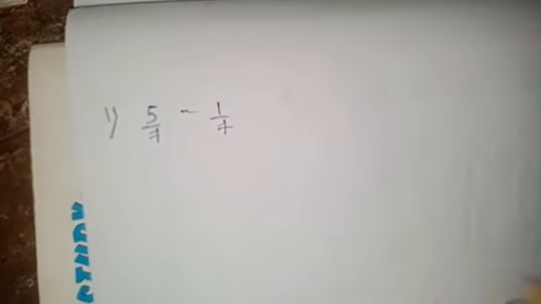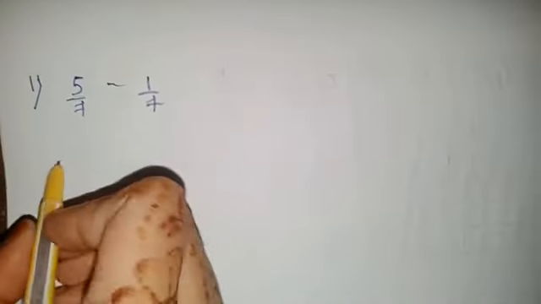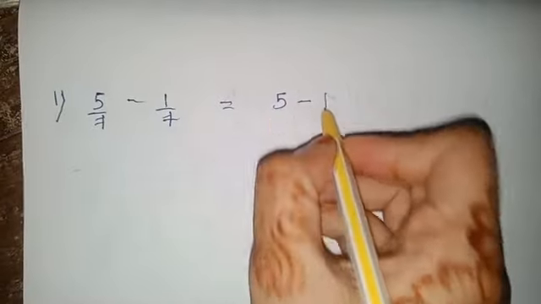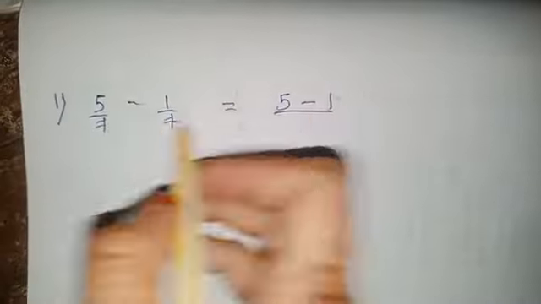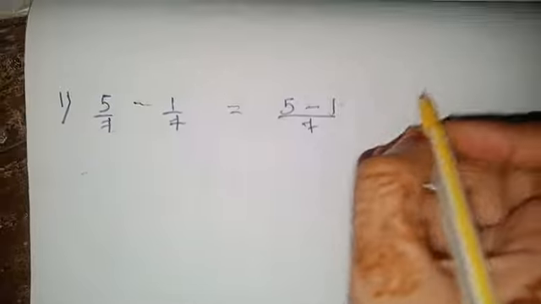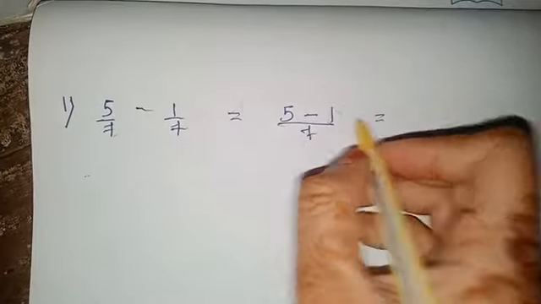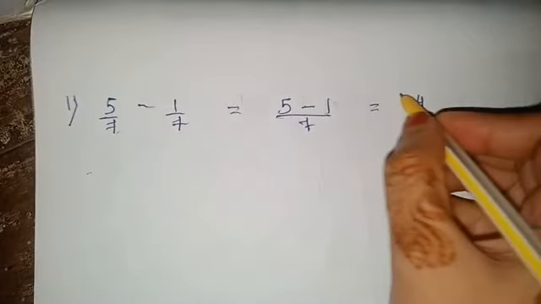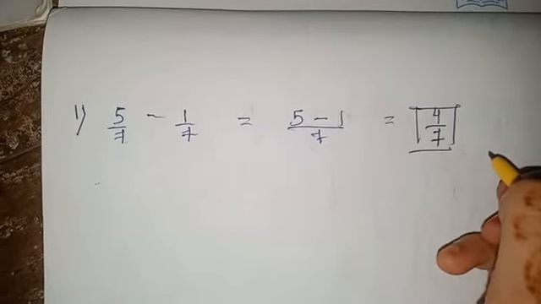So the first question is 5/7 minus 1/7. Now we will only subtract numerators, meaning 5 minus 1, and 7 will come as it is. Now 5 minus 1 is 4 and 7 will come as it is, so we get 4/7.